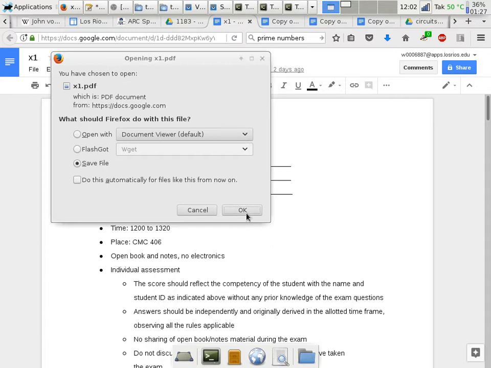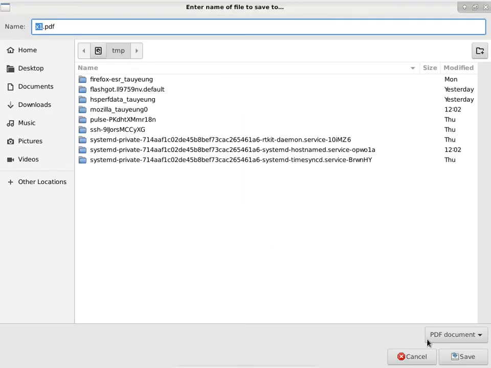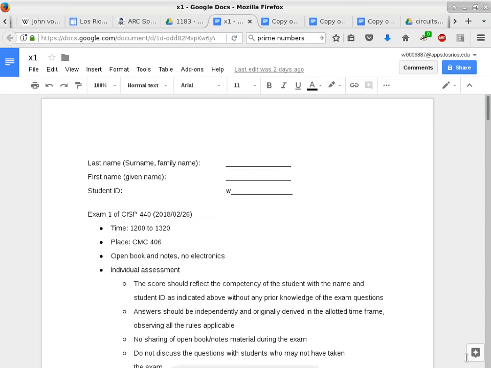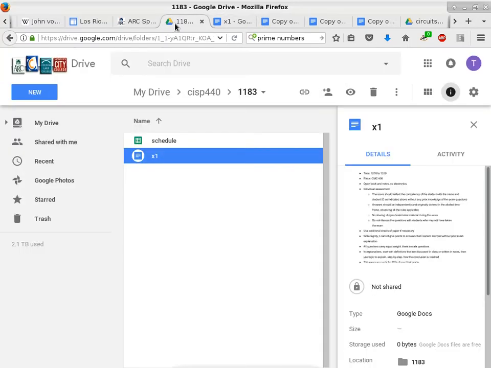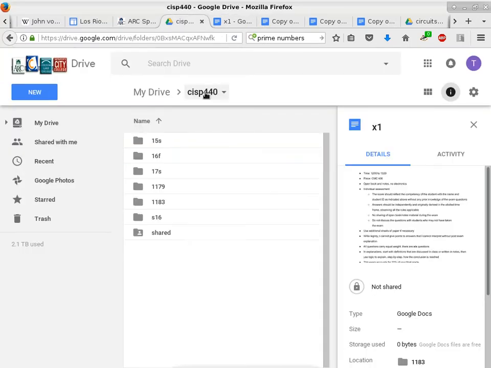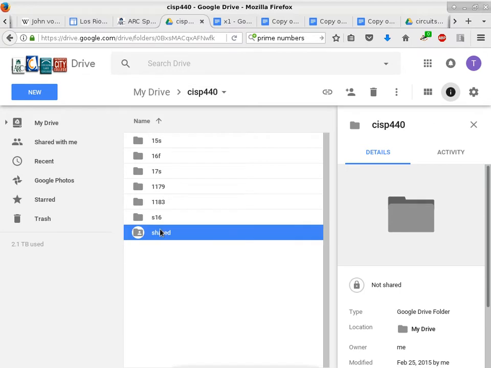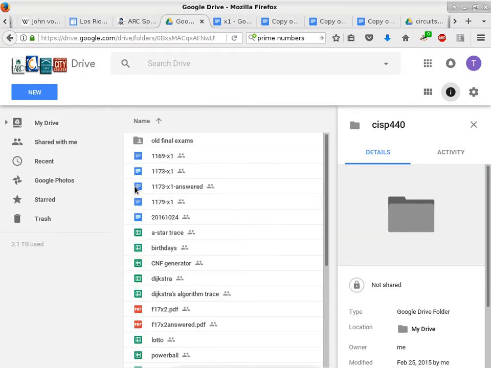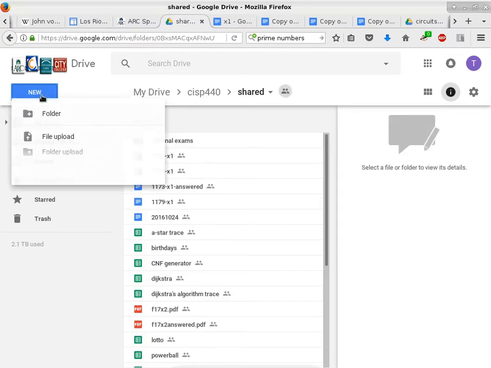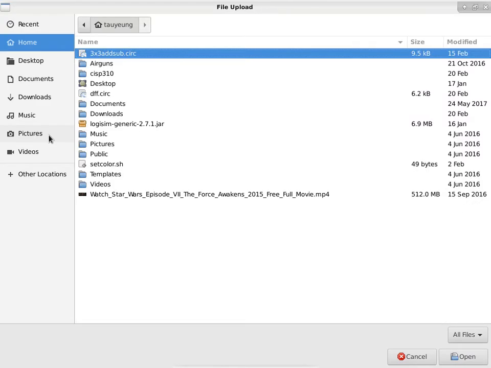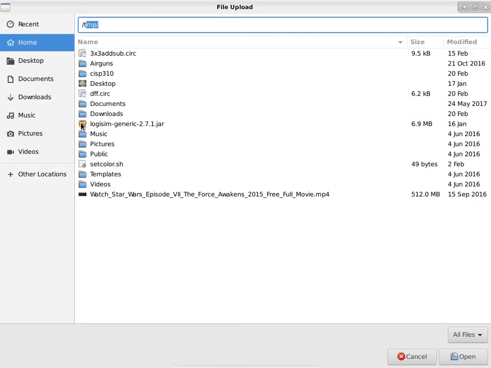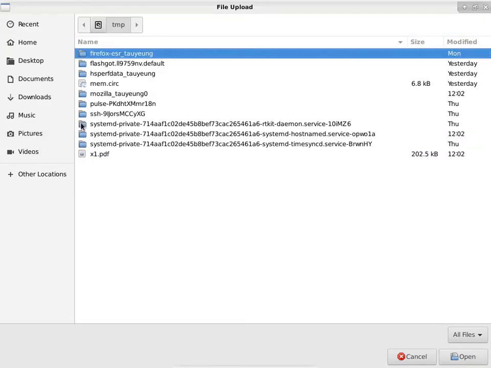So this is going to be a little bit roundabout. Okay, save, and then I re-upload it to the shared folder, as a new file upload from the temp folder.